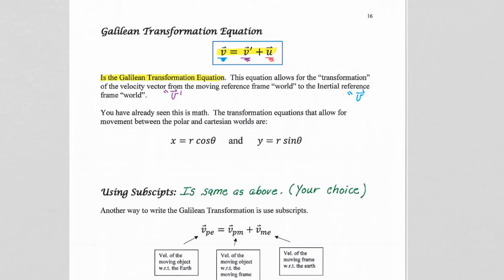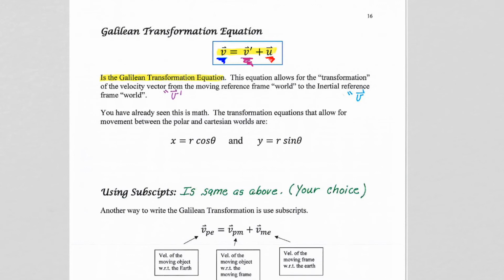It allows us to transform, to go between the moving reference frame, so the velocity of the object, v prime, in the moving reference frame, to a calculation for the velocity as seen in the non-moving reference frame. And u, of course, is the velocity of the moving reference frame. v equals v prime plus u.